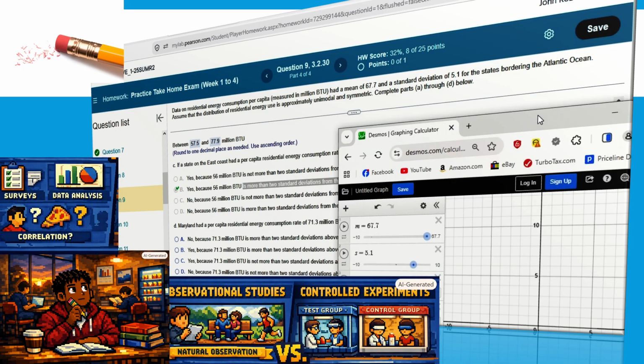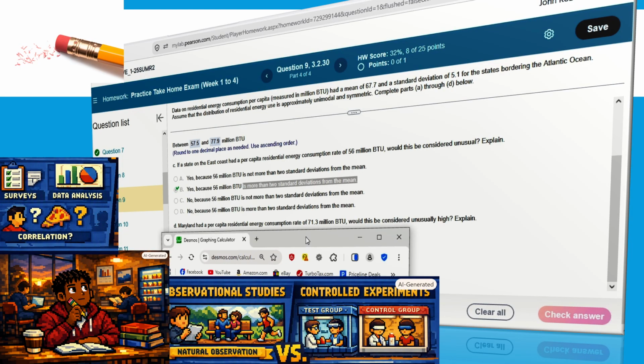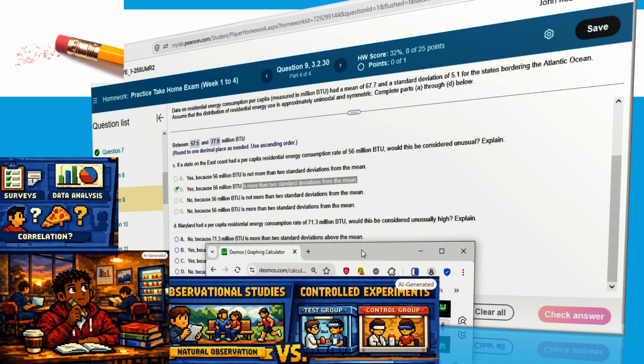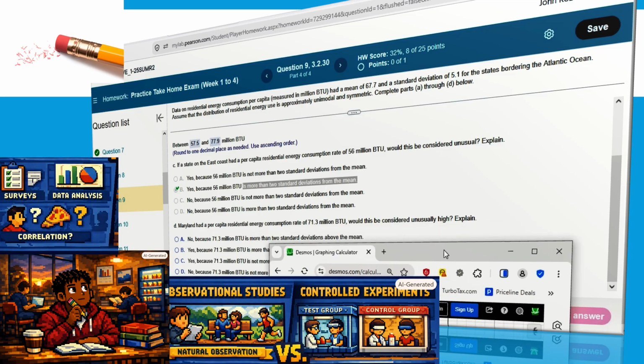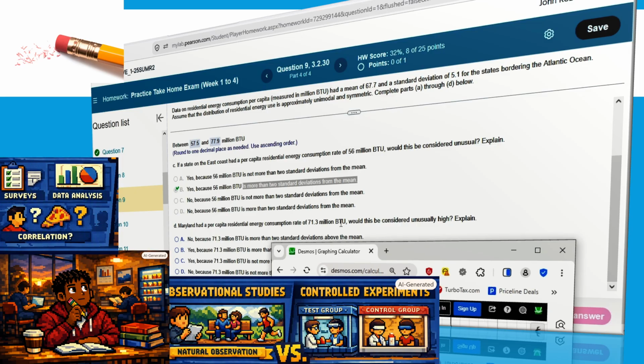Let me find the Desmos. Maryland, and Maryland is bordering on the Atlantic Ocean at some point, I think. Yeah, it does, right? So per capita residential energy was 71.3 BTUs.